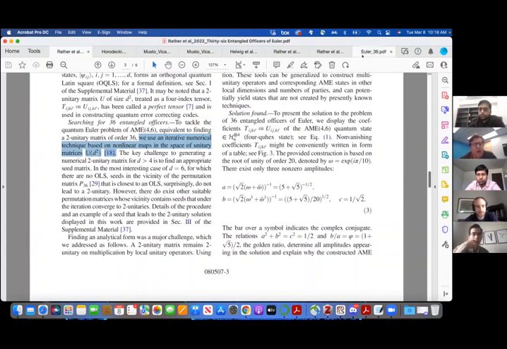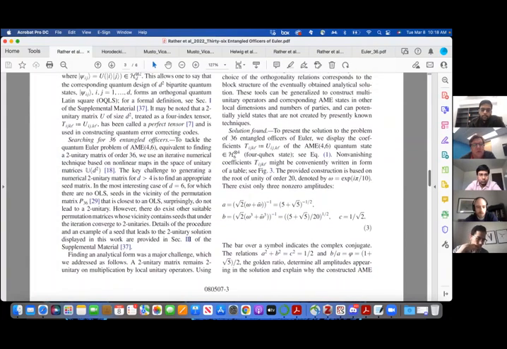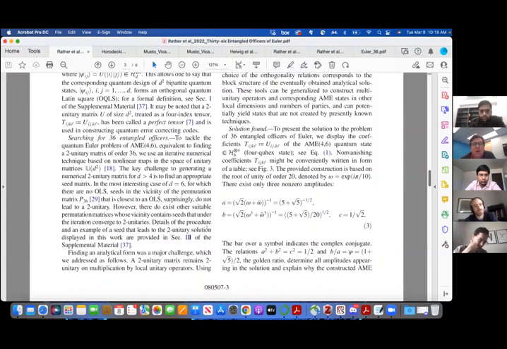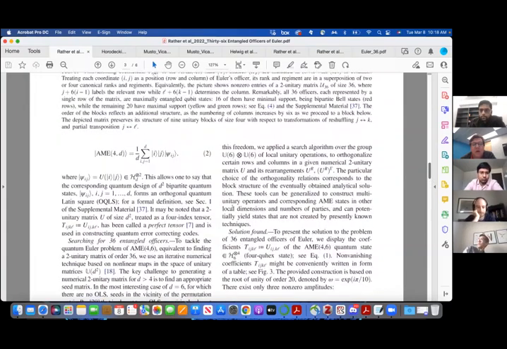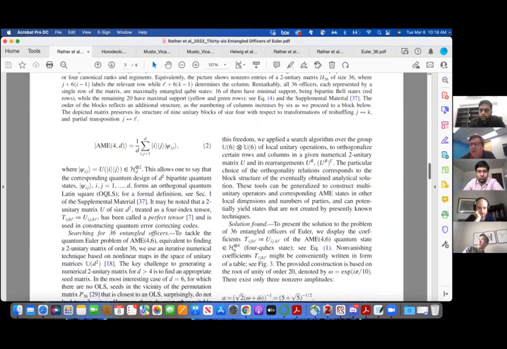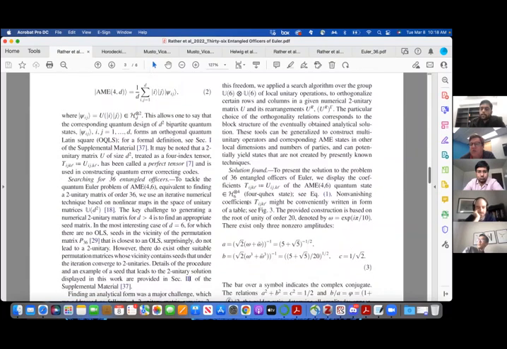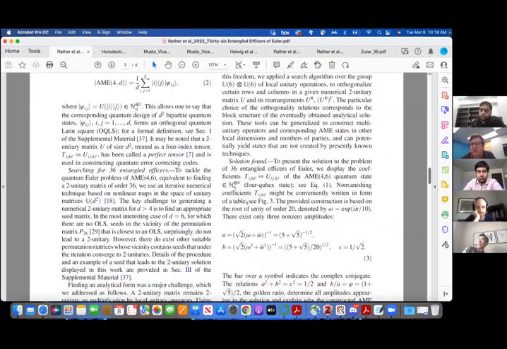But then it says below, finding the analytic form was a major challenge. So I think they probably found it numerically first, just numbers, and then they had an analytic solution.